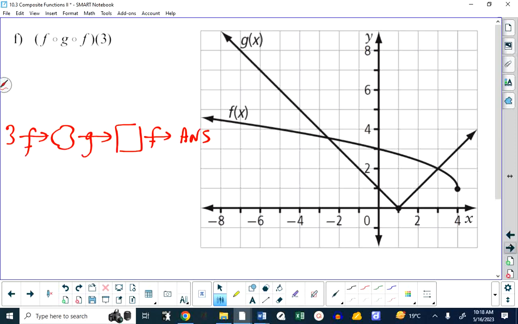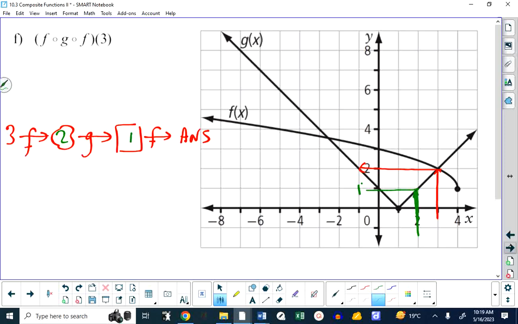Do you have it, Brody? What do you say? I put 2.8. I would say 2.8 as well. If you went 2.7, that's fine. But just following the flow chart there, 3 goes in, and out of F comes 2. 2 goes in, out of G comes 1.